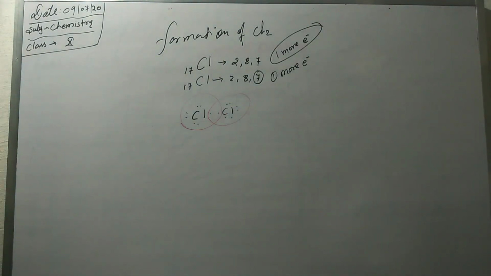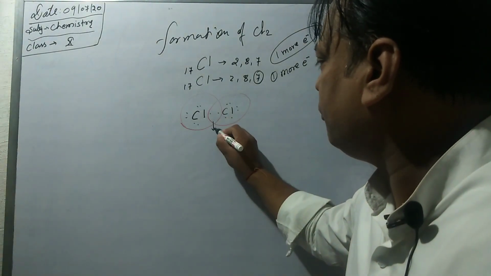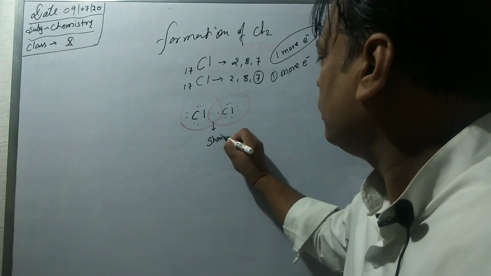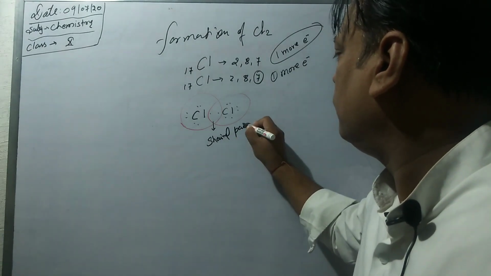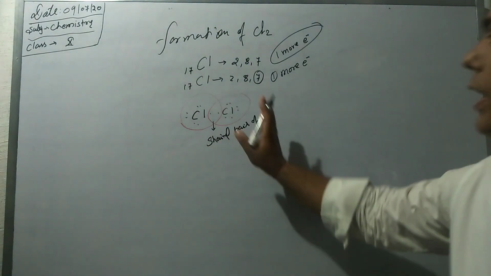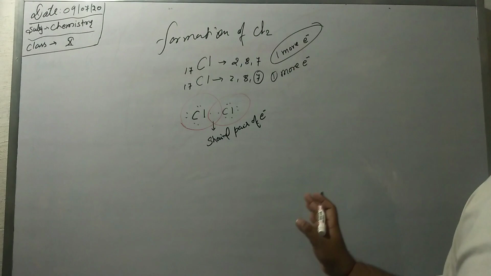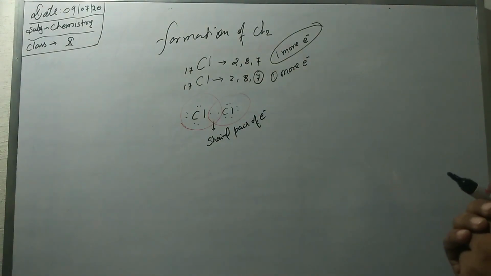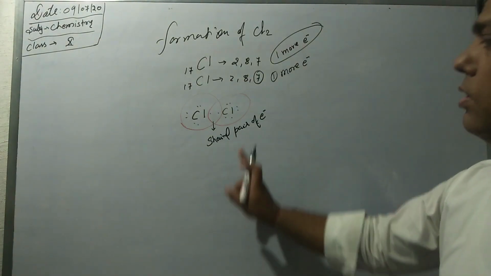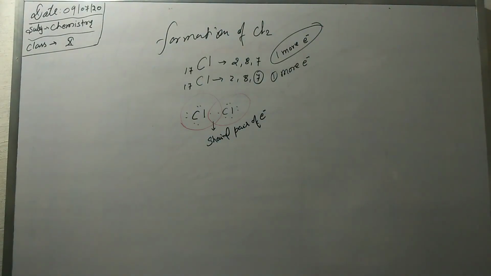Now, this is called a shared pair of electrons. Each chlorine shares one electron and they combine with each other, and the bond formed is called a single covalent bond. Why is it called a single covalent bond? Because there is a single pair sharing.